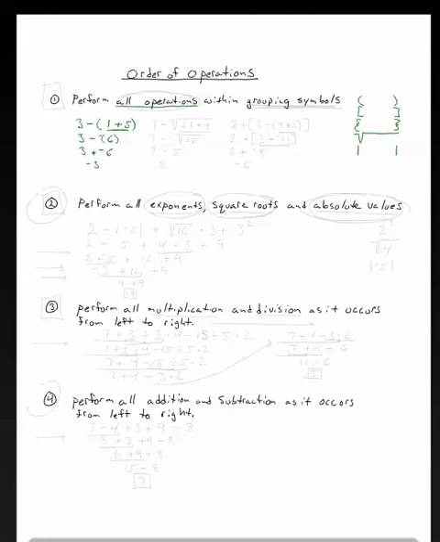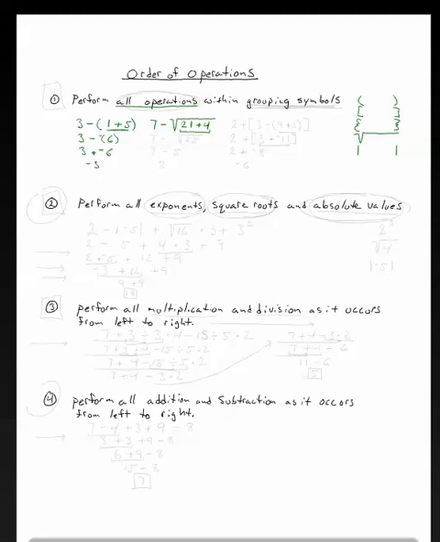But parentheses aren't the only grouping symbols. So I could have something like 7 minus the square root of 21 plus 4. Now the square root is acting like a grouping symbol, and there's this operation to perform within that grouping symbol, 21 plus 4.